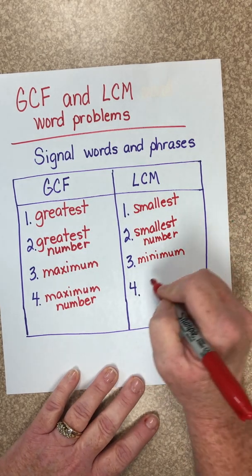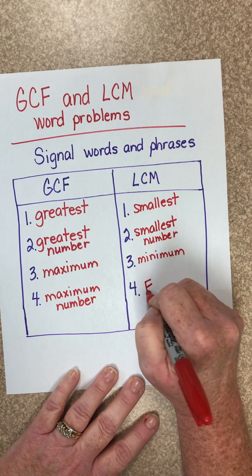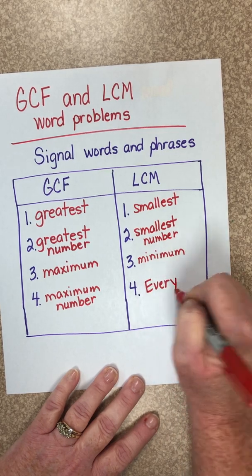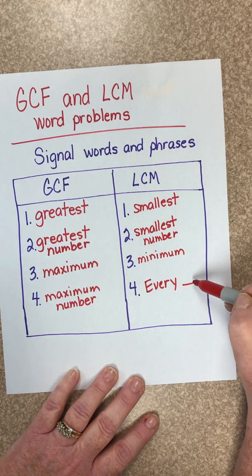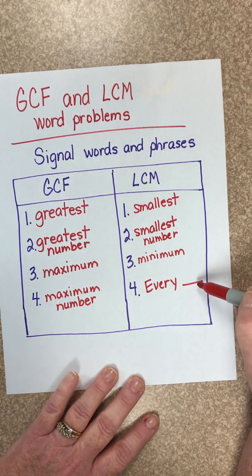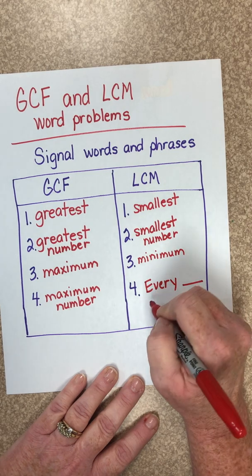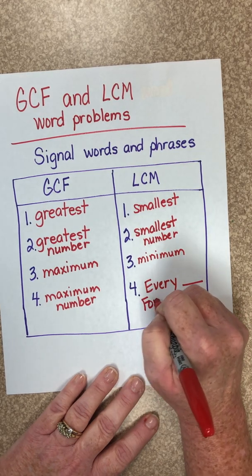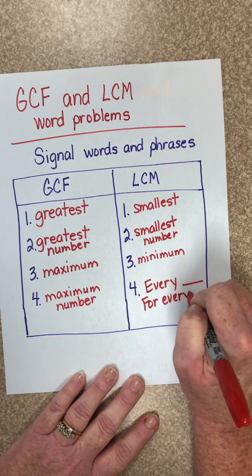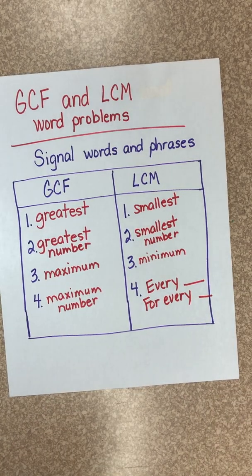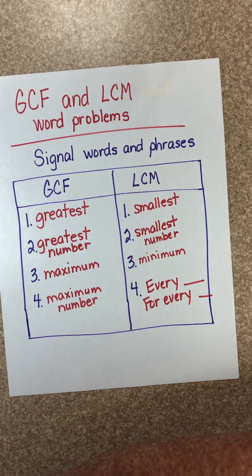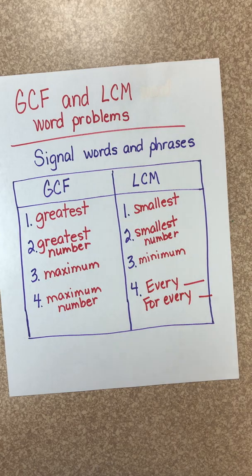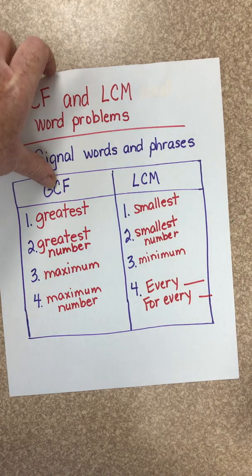And the last one is every something. Usually in this blank there's a number, like every 4th, every 10th, every 100th. Sometimes you'll even see it written for every, and then the next is a number, every 1st, 10th, and so on. So let's think about these signal words and phrases and look at a few examples.